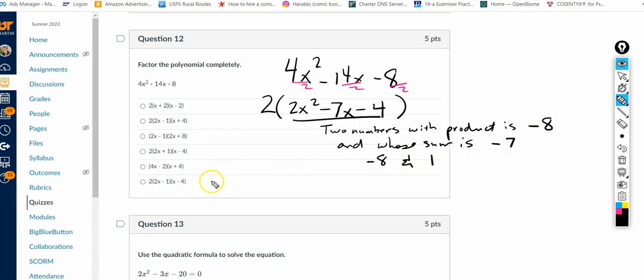So I'm going to rewrite this as 2x squared, and now instead of minus 7x, I'm going to write that as minus 8x plus 1x, which I'm just going to have plus x.